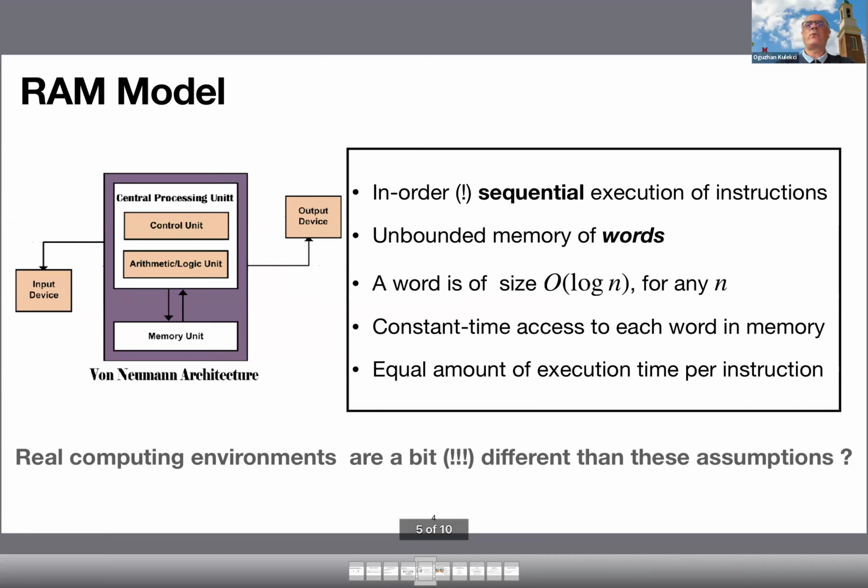And for the memory, we have unbounded memory of words. Okay, so here we have the words, and a word is a chunk, and that chunk can be assumed to be of size log n for any n value. Okay, we say that this word is of size log n for any n, so you may assume n as the input size for your problem, or the size of the memory, whatever.